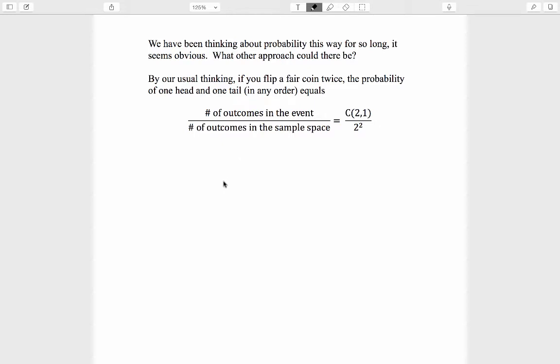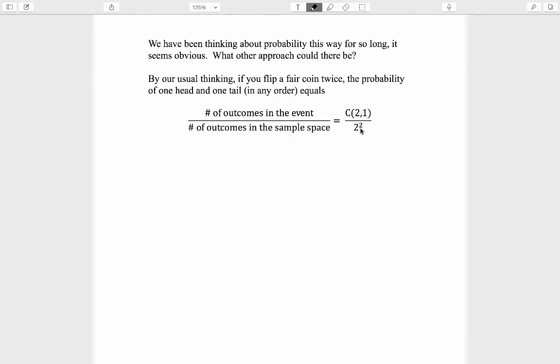We're going to introduce a new approach, and to warm up for it, let's look at a basic example of what we've been doing. So by our usual thinking, if you flip a fair coin twice, the probability of one head and one tail in any order equals the number of outcomes in the event, that's 2 choose 1, that entry of row 2 in Pascal's triangle, which counts the number of ways this event can occur, divided by the number of outcomes in the sample space.